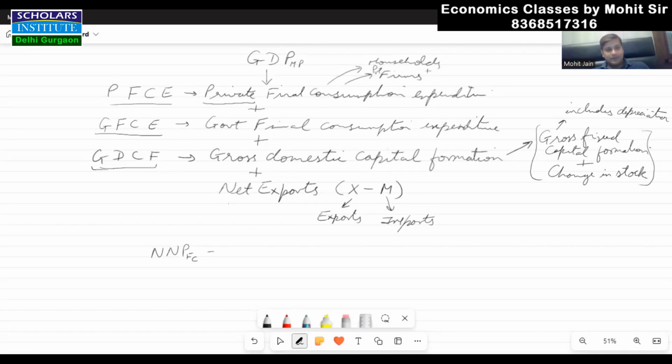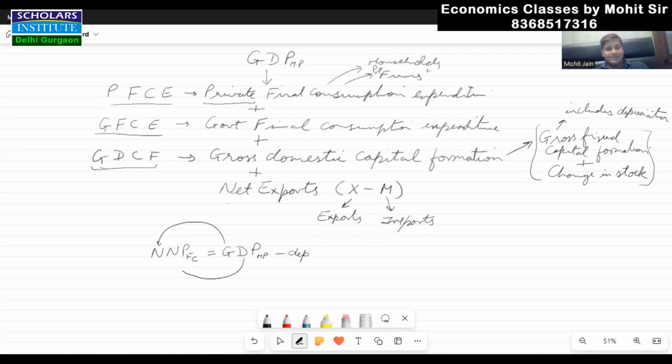What we have found out is GDP MP. So from gross, we have to go to net. So for going from gross to net, we subtract depreciation.